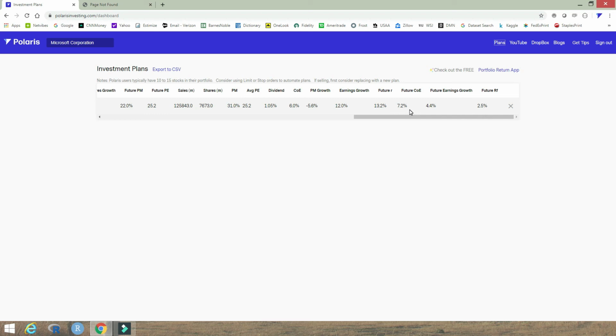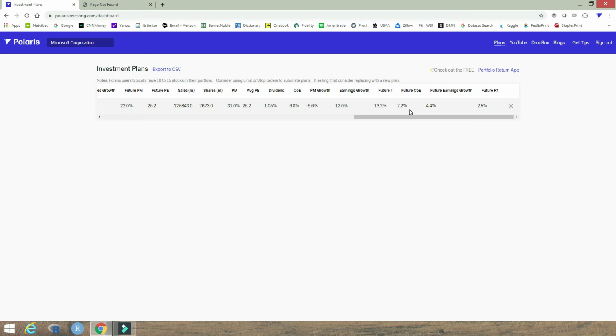Well, the future state that's normally assumed beyond the 5 years is that a company returns the future cost of equity, namely 7.2%.